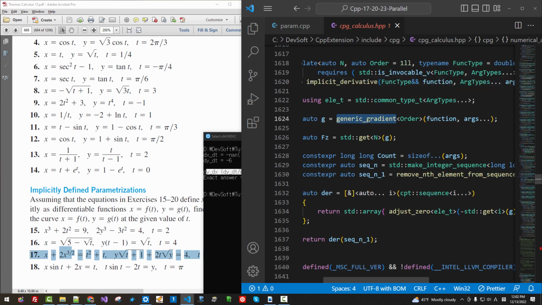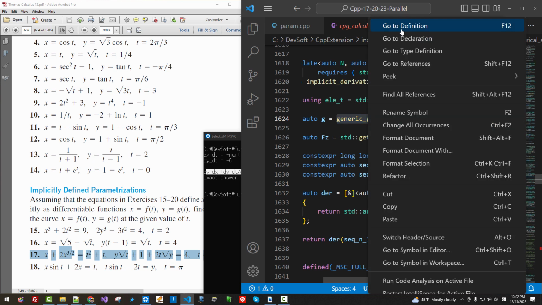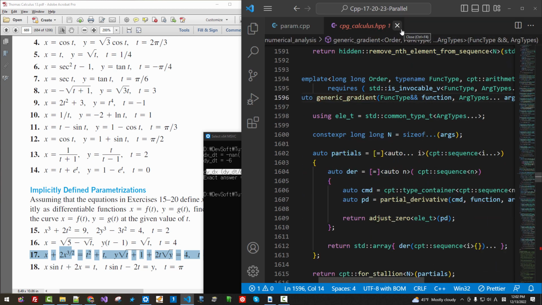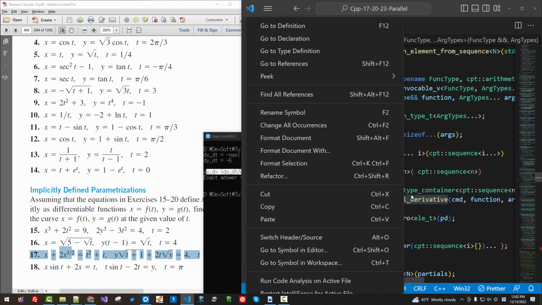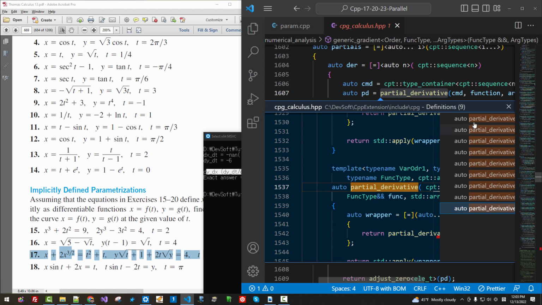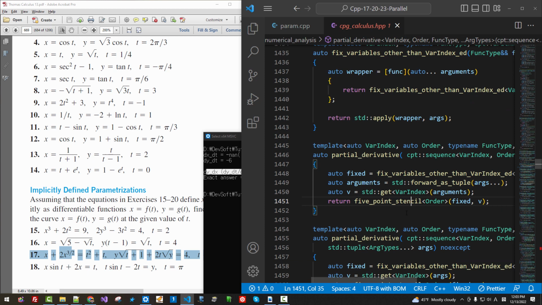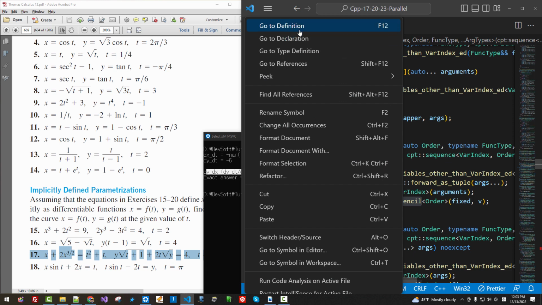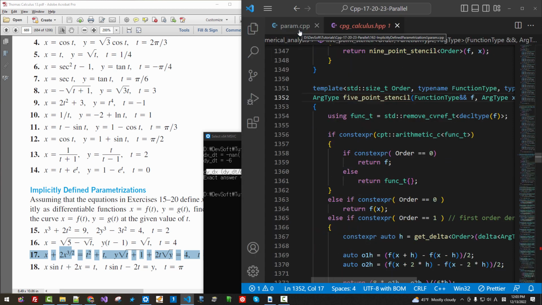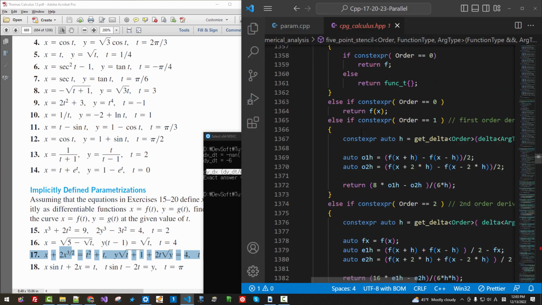This generic gradient, go to definition, calls partial derivative. This partial derivative calls, I will select this one. This function eventually calls 5-point stencil. This 5-point stencil again is defined here.